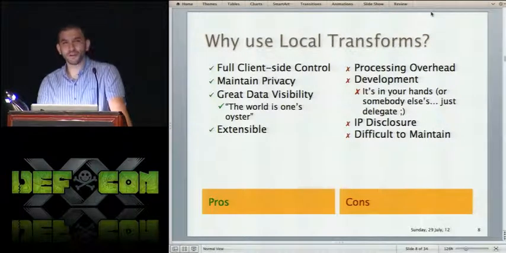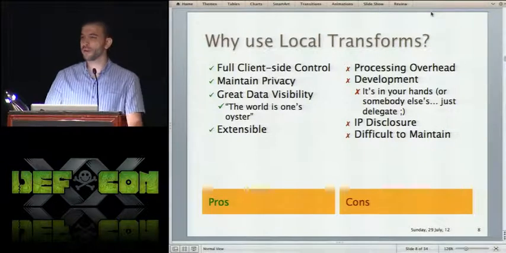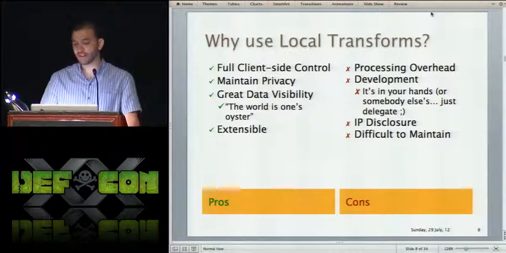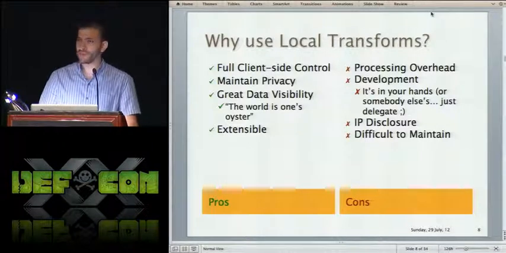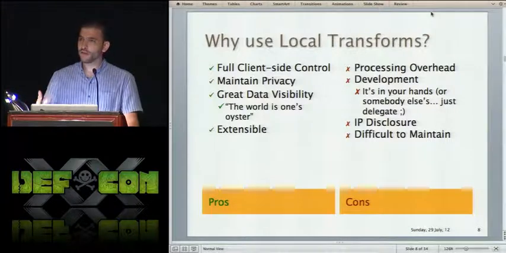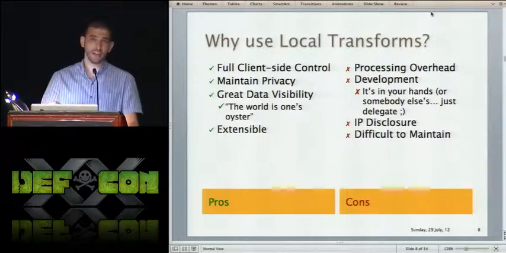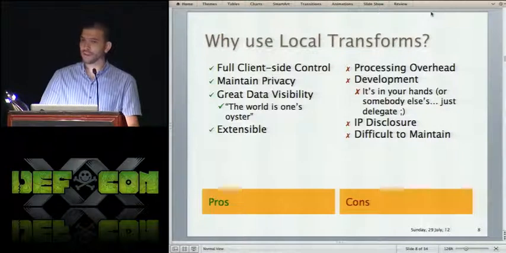So why use local transforms instead of the remote transforms? If you're familiar with Maltego and with Paterva down in South Africa, they have an awesome set of transforms. They've done really good work out there. But the problem is their transforms are only able to see the data that's publicly available to them, which is the data that's available on the internet. And that's not a lot when you're doing a local assessment, when you're doing something internal.